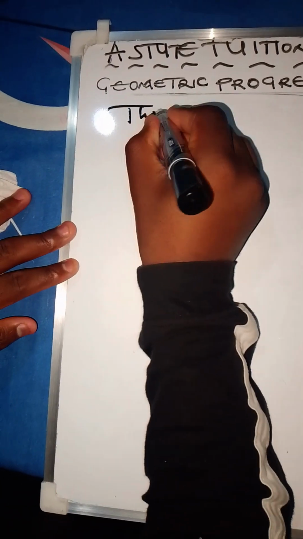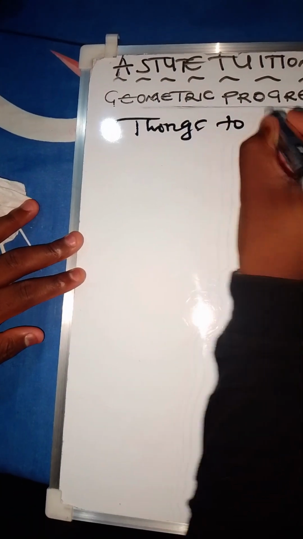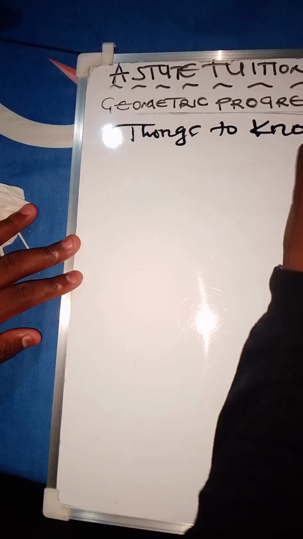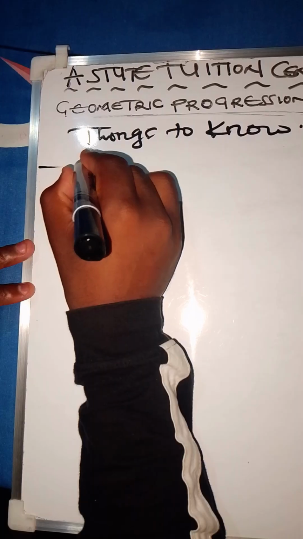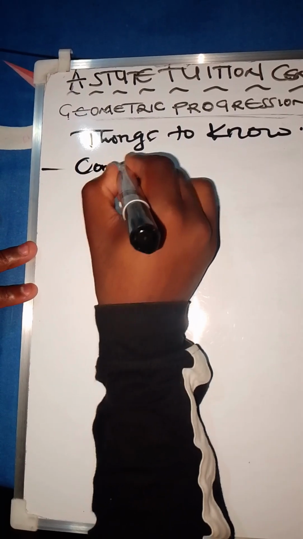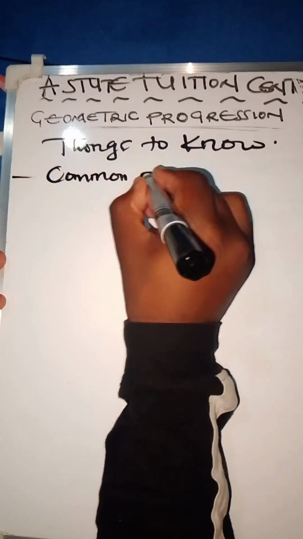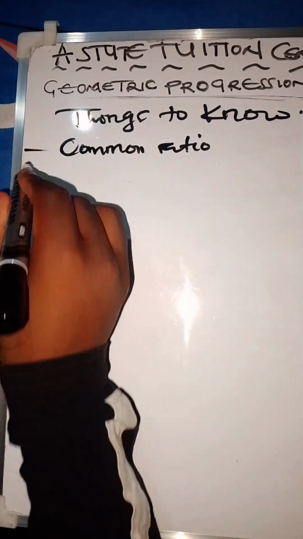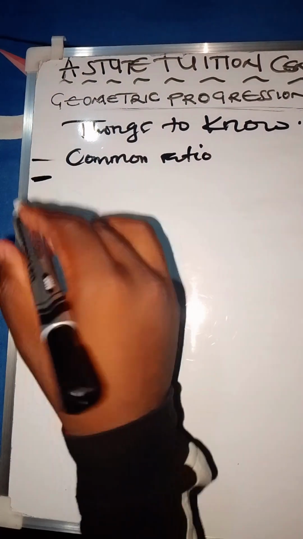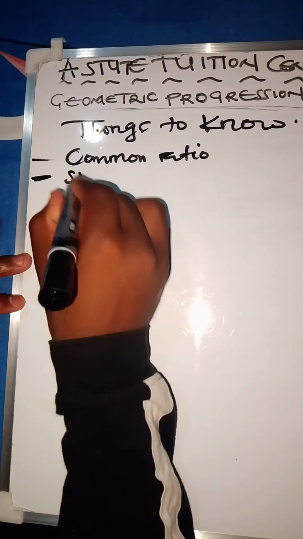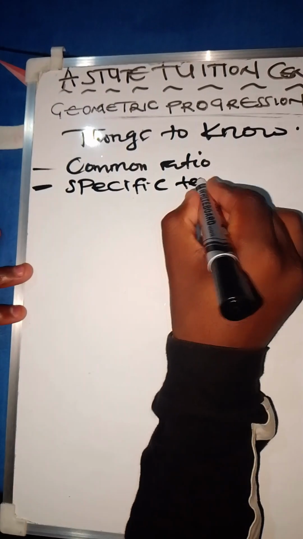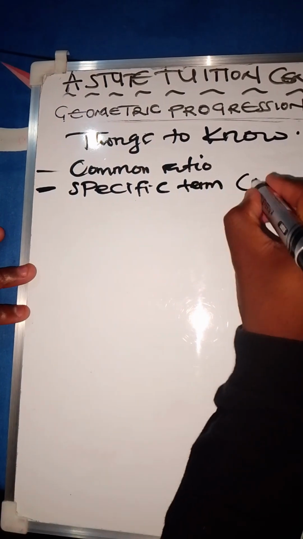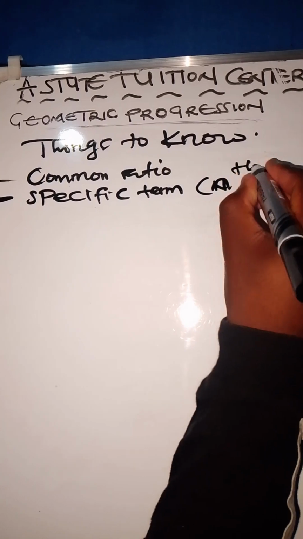So, things to know. Number one, you need to know how to find the common ratio. Number two, you need to know how to find a specific term, also known as the nth term.